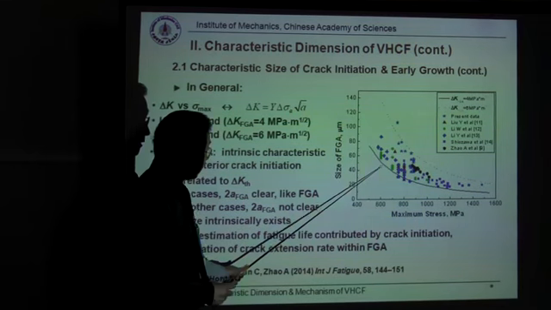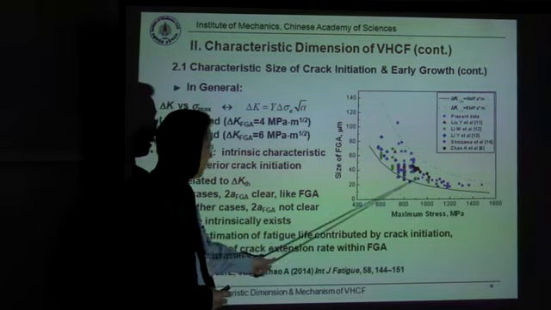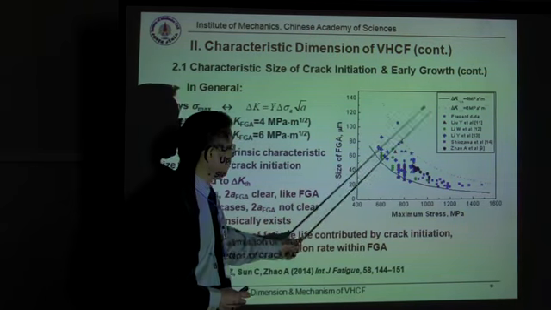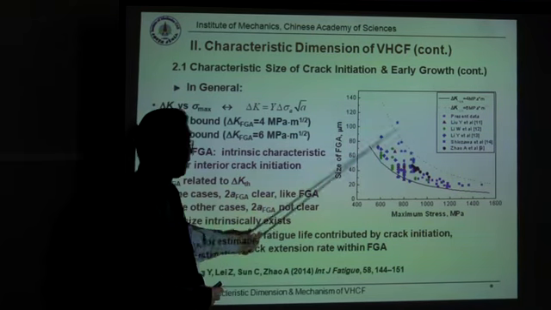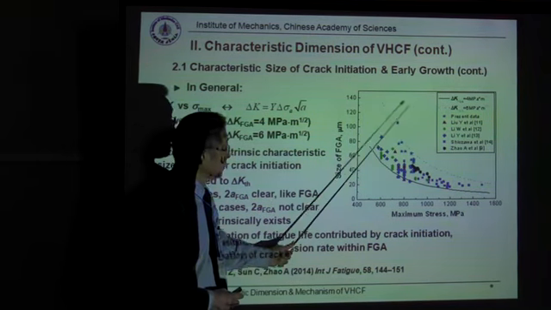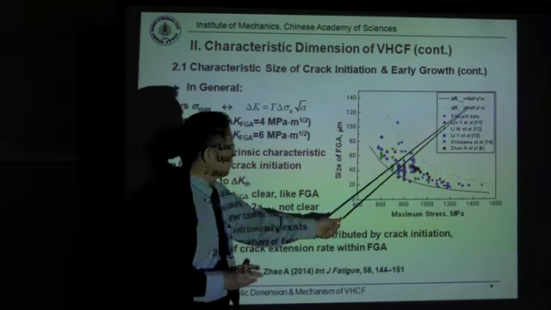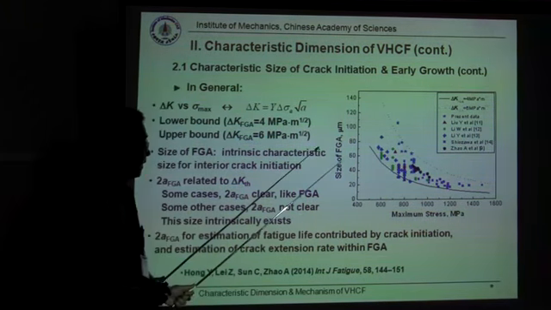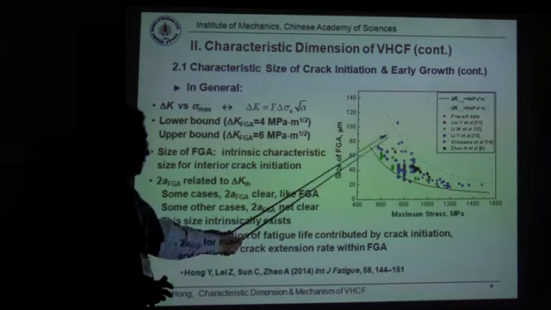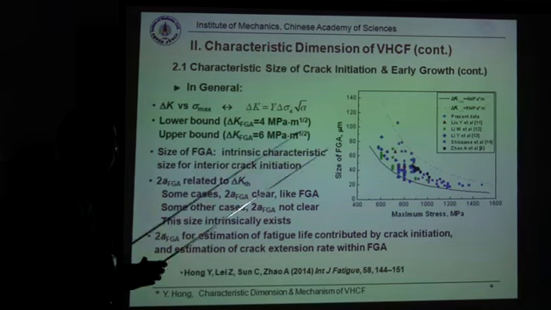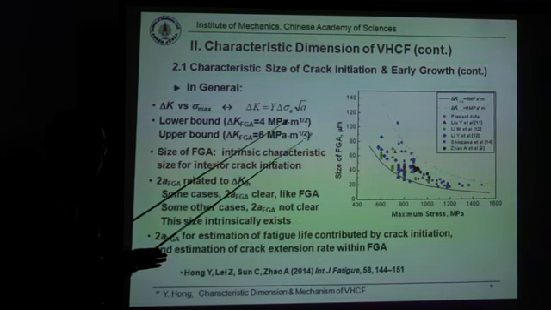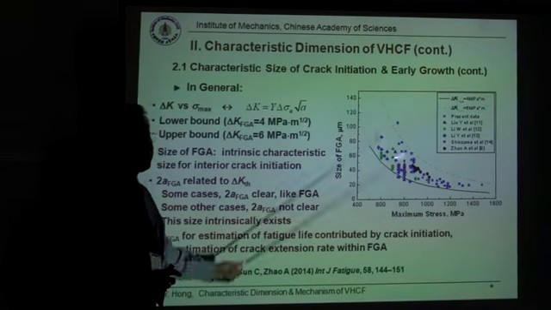And we may put 2 bounds. One is the lower bound of 4 megapascal square meter, and the upper bound of 6 megapascal square meter. And we put our data and quite a number of data from literature, and we found that almost all the data are within these 2 bounds.